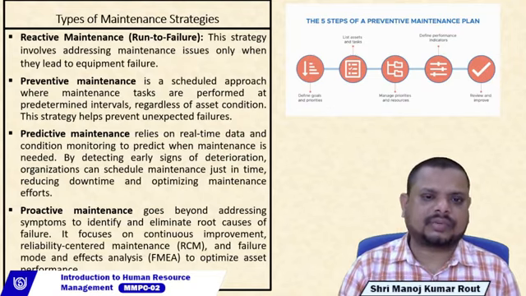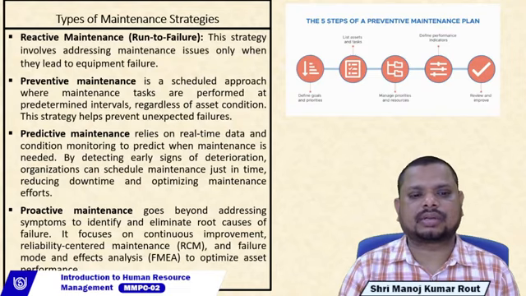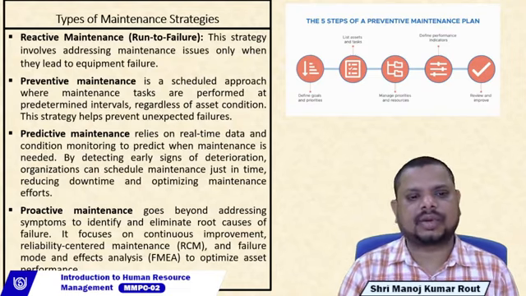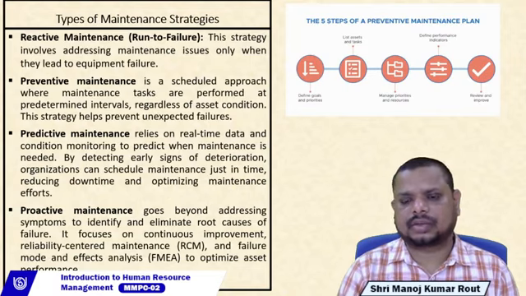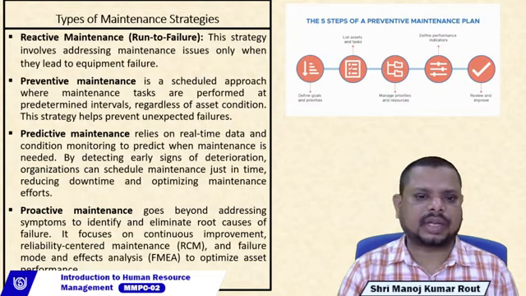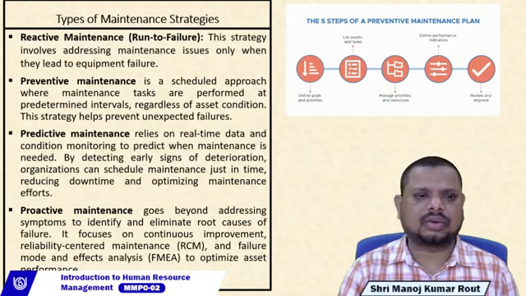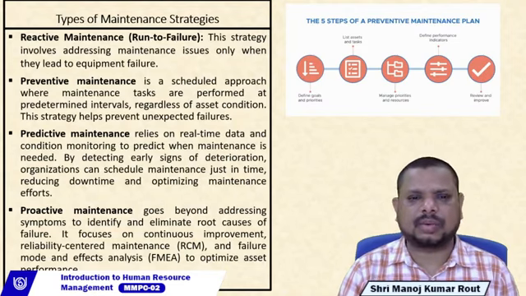These tasks are performed at predetermined intervals, regardless of asset conditions, and this strategy helps prevent unexpected failures. If you implement preventive maintenance, the percentage of failure is less compared to other strategies, for example reactive maintenance, where there is no limitation of time.